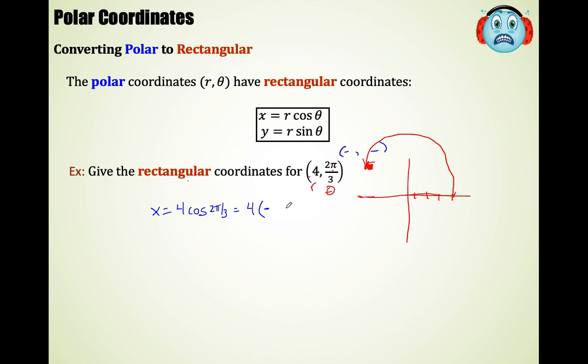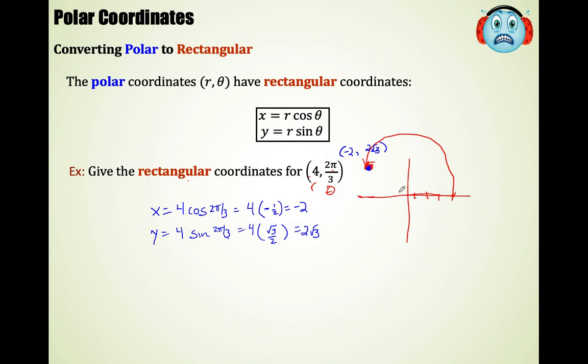So isn't that negative 1/2? Meaning this is negative 2. What about my y coordinate? Sine of 2 pi over 3 is positive and is root 3 over 2. So this is 2 root 3.